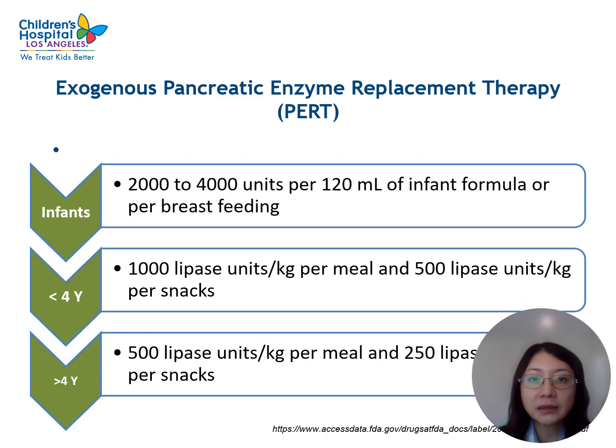So for the PERT dosage, it's age and weight dependent. For infants, you give 2,000 to 4,000 units per 4 ounces of formula or breast milk. Less than 4 years of age, you start with 1,000 lipase units per kilo per meal and 500 for snacks. If a patient is more than 4 years of age, you start with 500 units per kilo per meal and 250 for snacks.